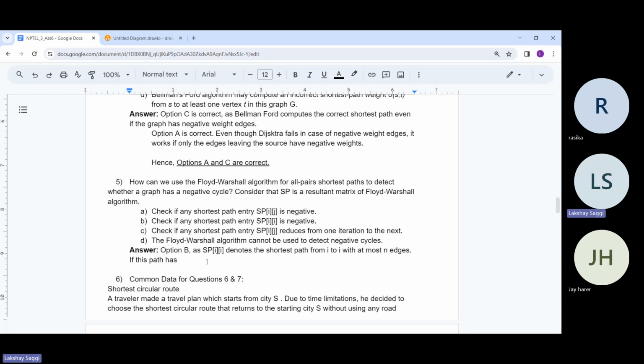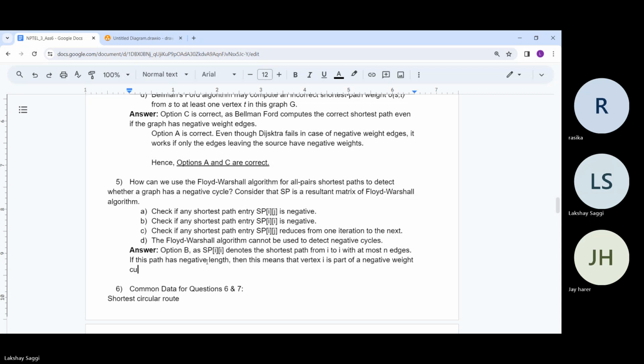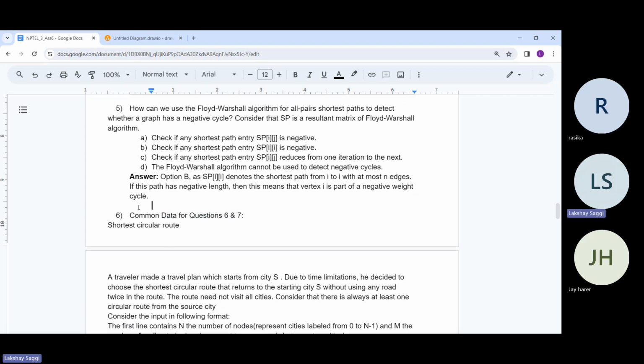And if this path has negative length, then this means that vertex I is part of a negative weight cycle. So I hope this is clear to you, Rasika, why Floyd-Warshall can actually be used to detect negative cycles. Okay, you got it. Nice.